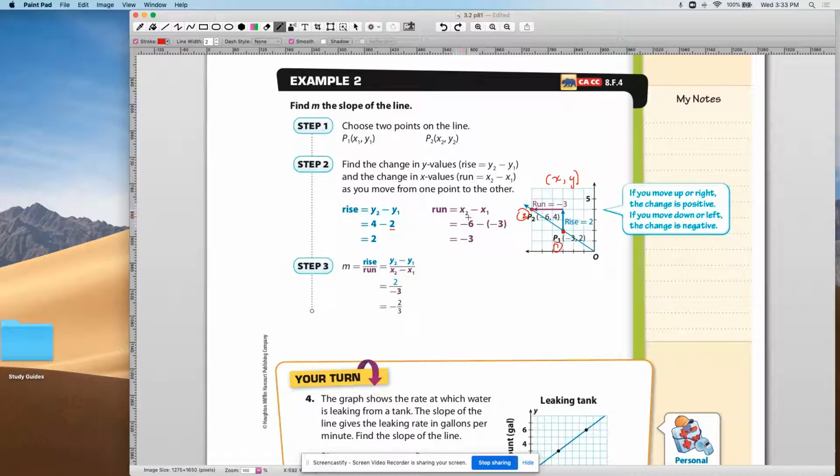And then they'll take the x value from point 2, which is -6, and they'll subtract the x value from point 1, which is -3. So they're subtracting a -3. And then they will get -3. So then they know they've got 2 over -3, which is also -2 over 3. Okay? And that then is the slope.